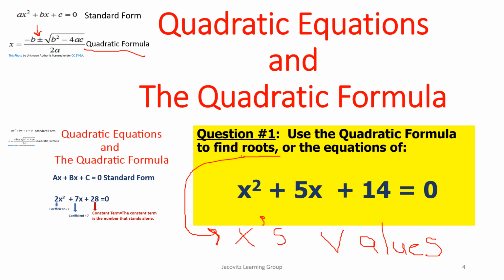So you'd have negative 5 plus or minus the square root of 5 squared minus 4ac, all over 2a. You would then have to find out its roots. And because you have the plus or minus, you might have both a negative value and a positive value.